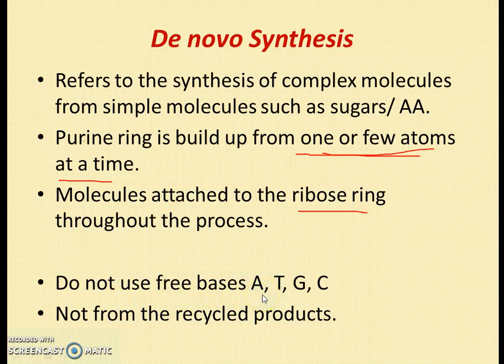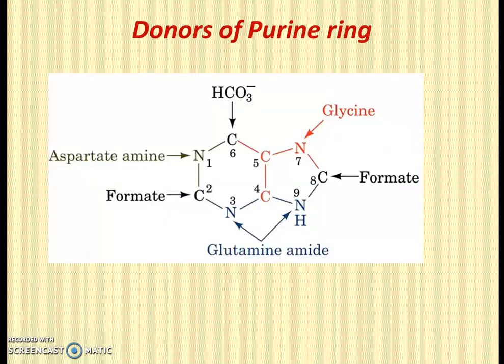It is synthesized from the free bases in the salvage pathway, whereas in the de novo pathway, adenine and guanine are synthesized from small molecules and not from the recycled products. Whatever the digested nucleotides, they are converted into waste molecule, degraded into uric acid, but not utilized here.